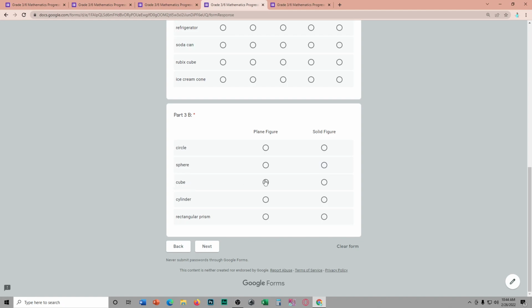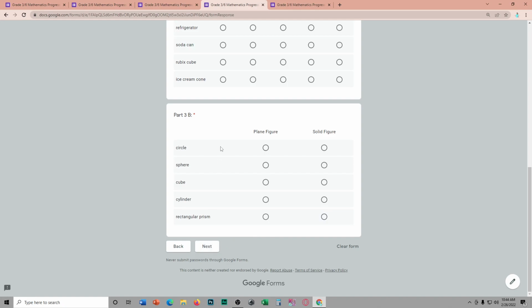Cube. Is it a plane figure or a solid figure? Cylinder. Is it a plane figure or a solid figure? Lastly, rectangular prism. Is it a plane figure or a solid figure? When you're finished, click next.